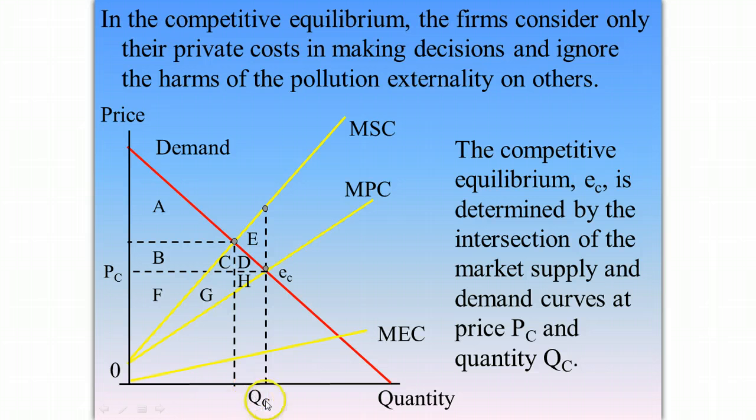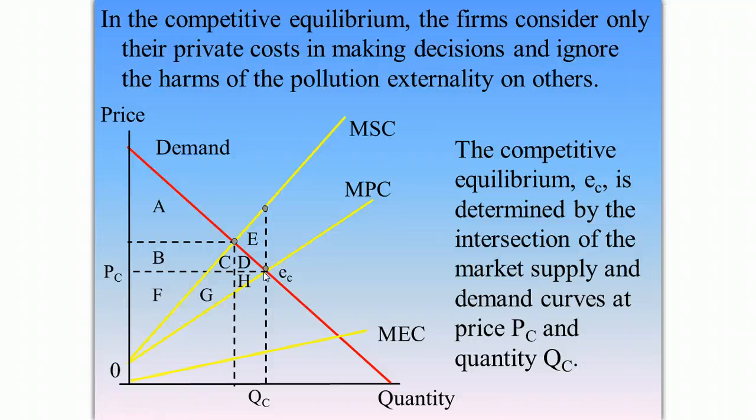what benefit does society get from the QC unit? When this unit is produced, the benefit is given by the demand curve. So the benefit is at this position here. What point are we on the marginal benefit or demand curve? How much does it cost society to make that unit? Well, that's given up here on the marginal social cost curve. So for the QC unit, the cost exceeds the benefit.